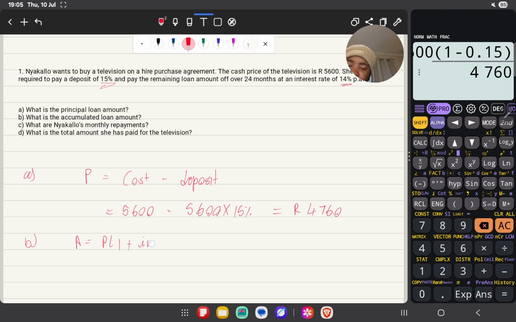Remember, we are using a simple interest formula. So you go 4,760 times 1 plus the interest, which is 0.14, and then multiply by 2 years, because 24 months is 2 years.